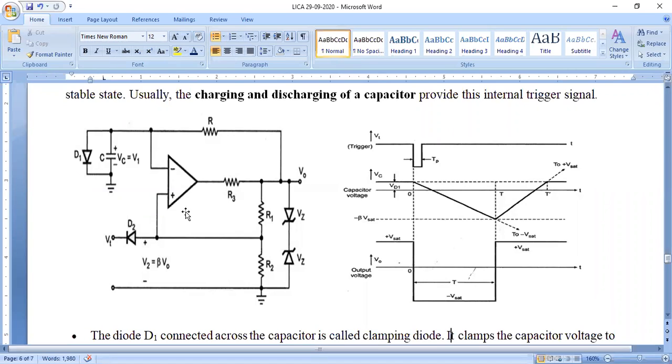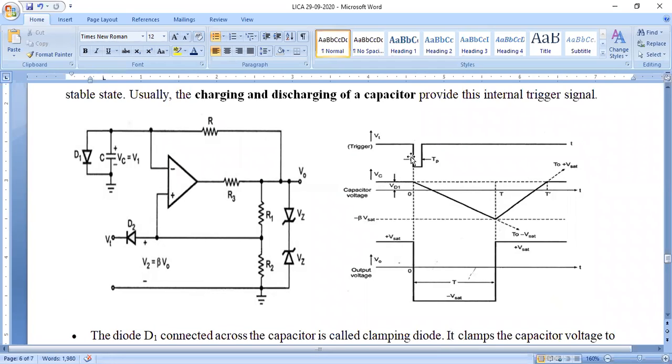That means at a particular time V0 is equal to plus V saturation. See here, the output voltage V0 is at plus V saturation at the initial condition. At that point, see the capacitor voltage. The capacitor voltage Vc is 0.7 volts only. Initially the capacitor is charged to 0.7 volts, and here we have plus V saturation.